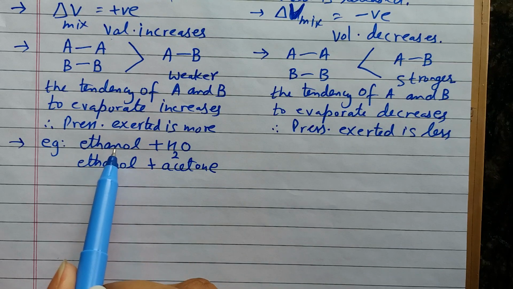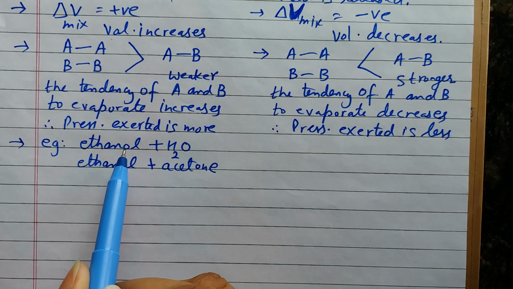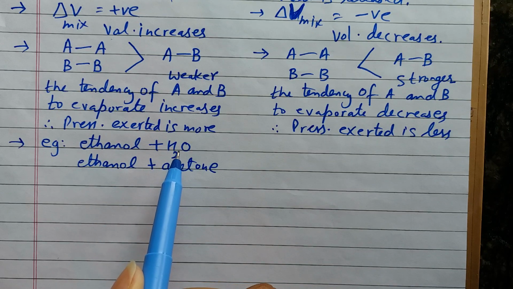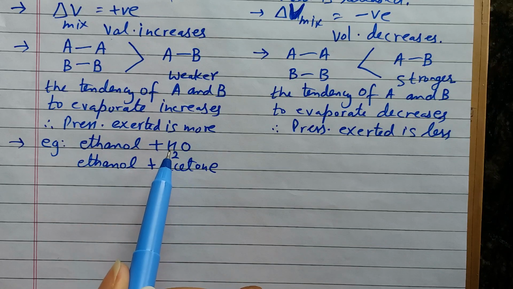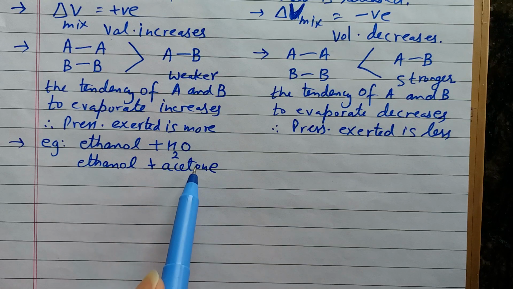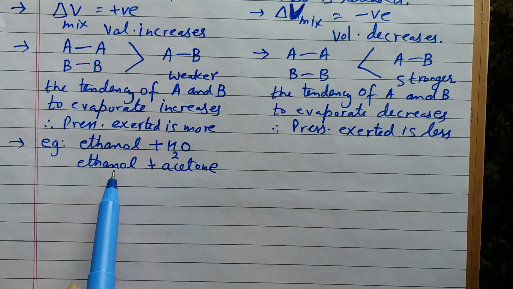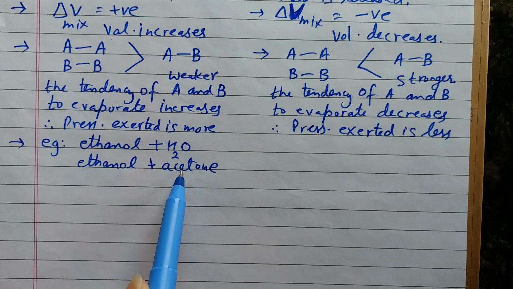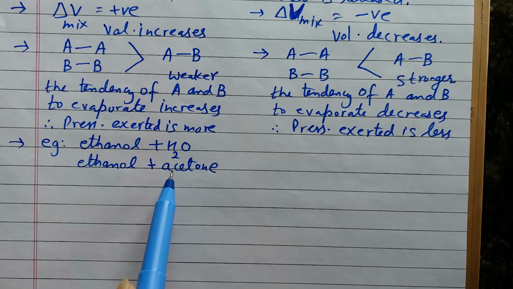Now, when you mix ethanol with water, ethanol will try to break the intermolecular hydrogen bonds between the water molecules, and the bond which will be formed between ethanol and water will be weaker than what is already there between the water molecules. Likewise, here also acetone will try to break the hydrogen bonding between ethanol molecules, and acetone will form bonds with ethanol which are going to be weaker.